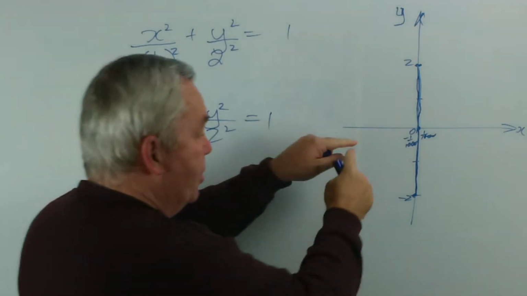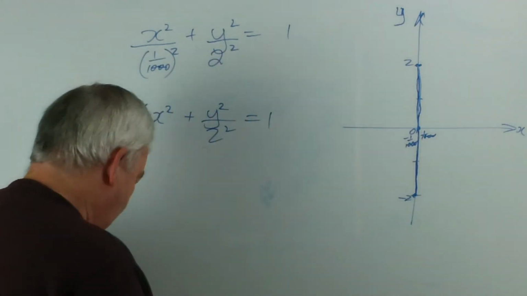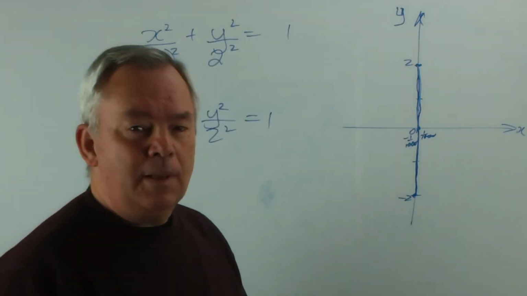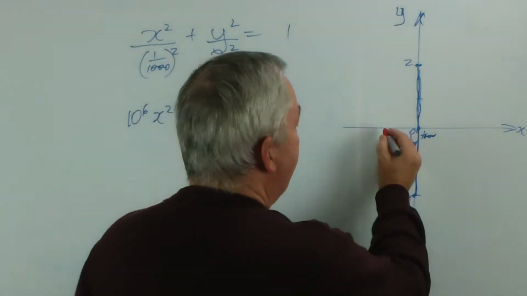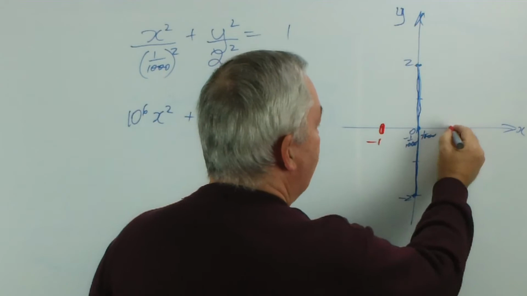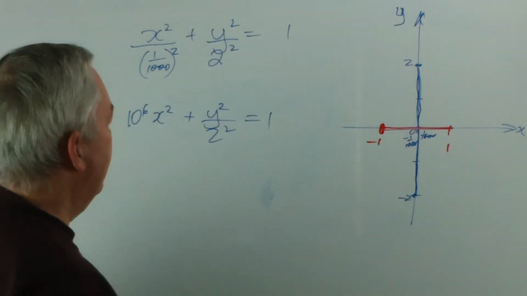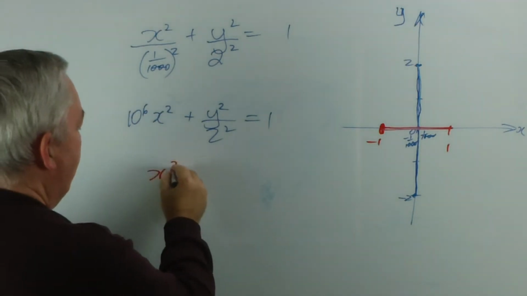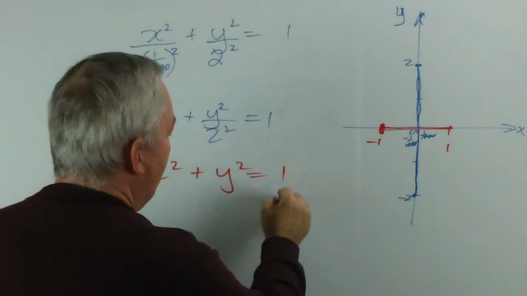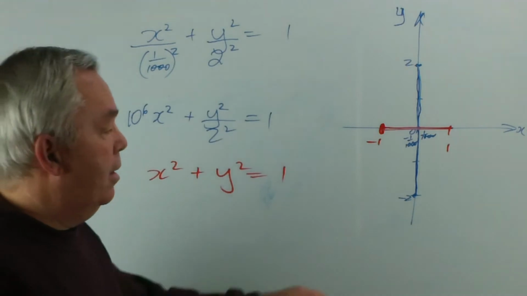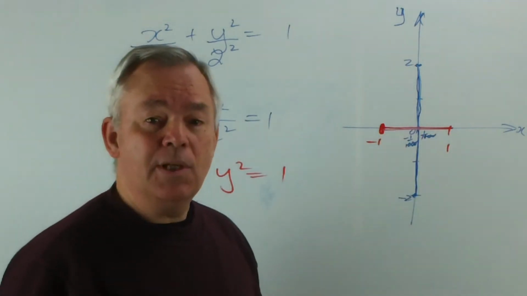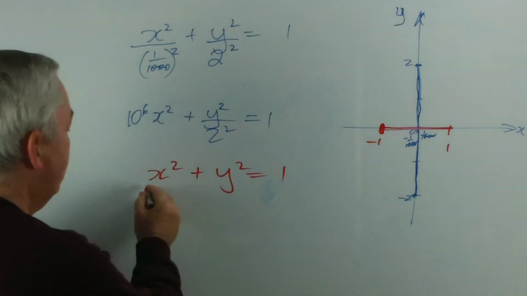Now if I wanted a horizontal line, let's do that in a different colour. If I wanted a horizontal line to go from -1 to +1 on the x-axis, then I would start my equation x squared plus y squared equals 1. This time my x values go from +1 to -1.